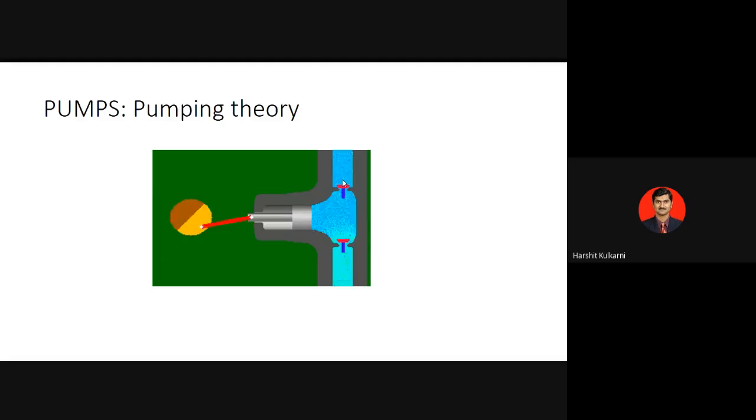Such kind of pumps which can deliver a fixed volume of fluid or liquid are called positive displacement pumps. So that quantity of oil that is taken in and pushed out to the further part of the hydraulic system is fixed. That is what we call positive displacement pumps. Okay, this is the pumping theory.